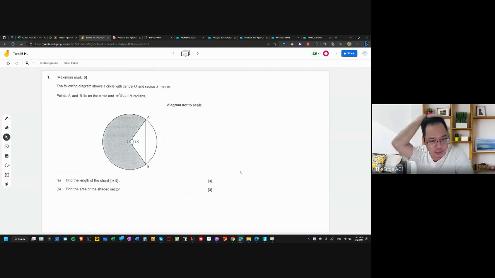For the length of the chord AB, we know the radius, yeah, the radius is 5 meters. Just use the cosine rule in the triangle to find the length of the chord AB. Open the booklet and use the cosine rule, 5 on the top side and 5 also at the bottom side. Use the cosine rule and you can find the length AB.